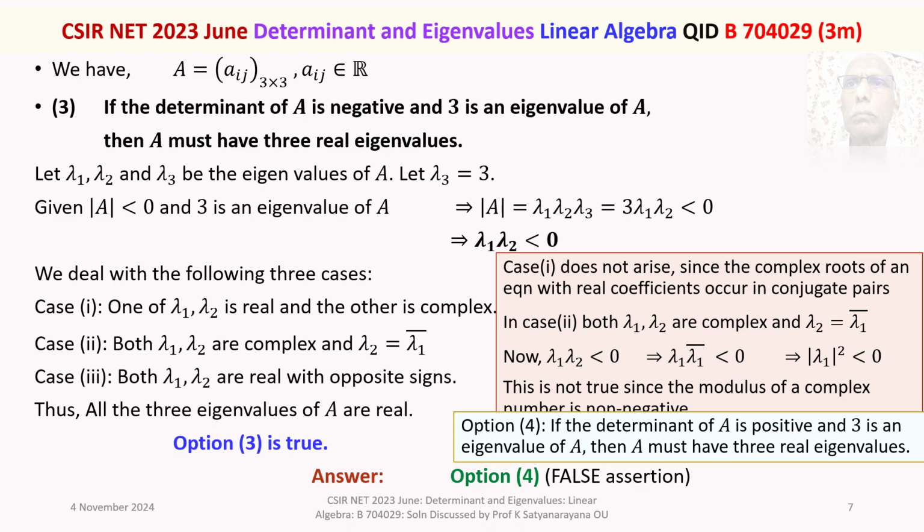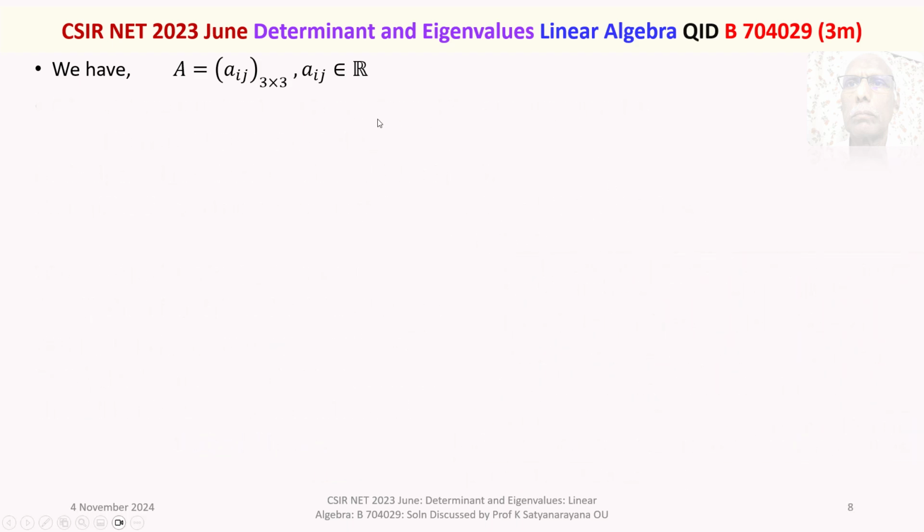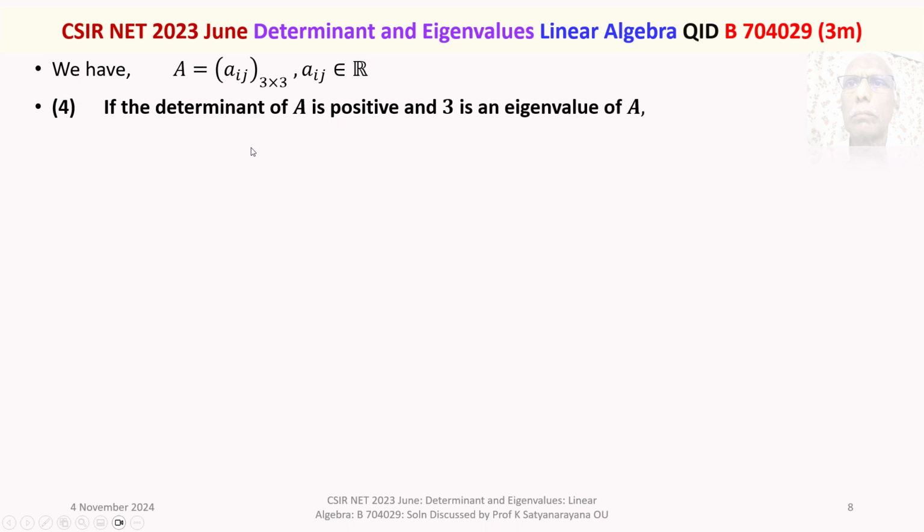But our students will ask the question, sir, how do you say option 4 is false? Yes, that I will show you in the next slide. We will show you now that option 4 is false. If the determinant of A is positive and 3 is an eigenvalue of A, then A must have 3 real eigenvalues.